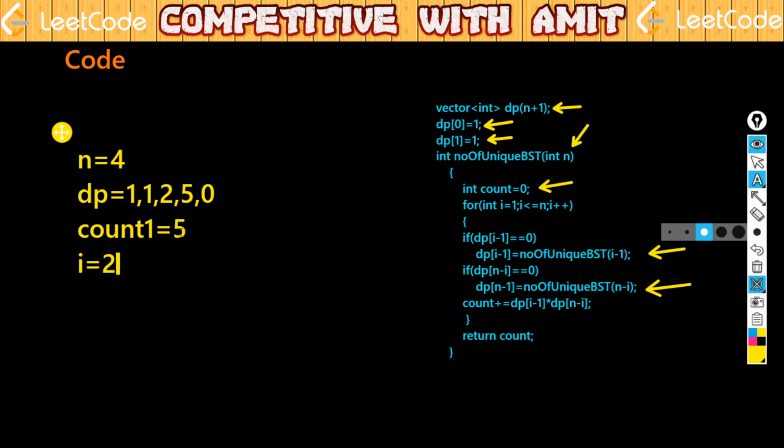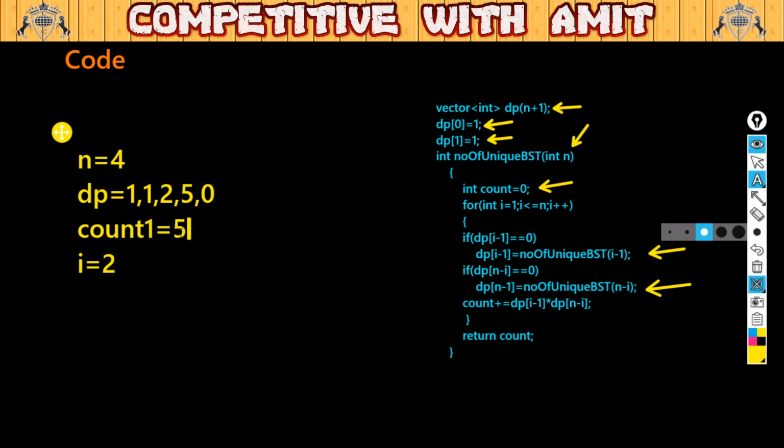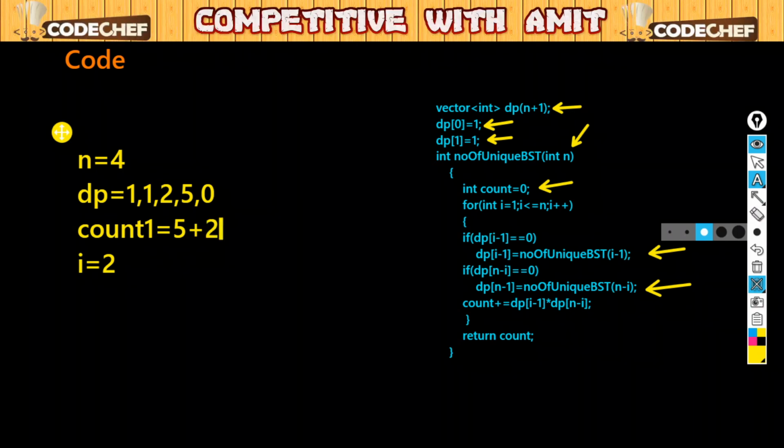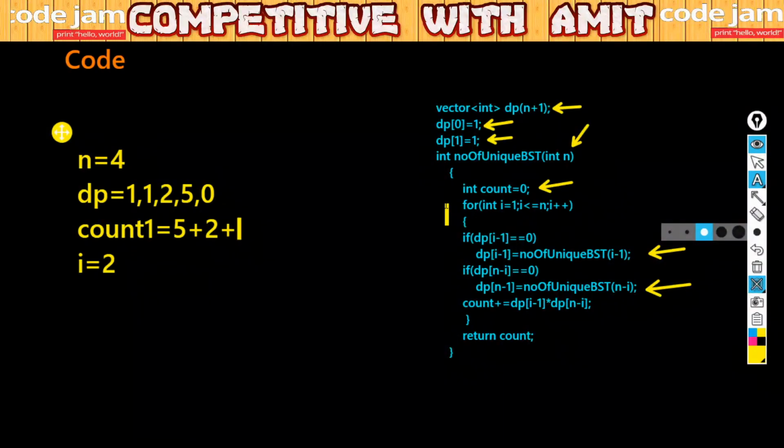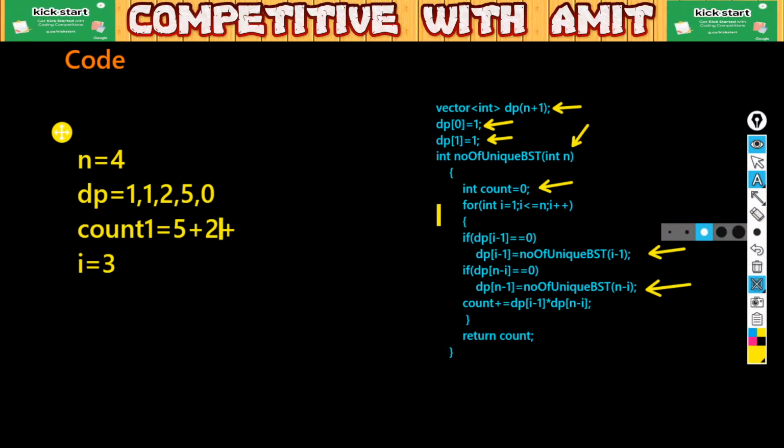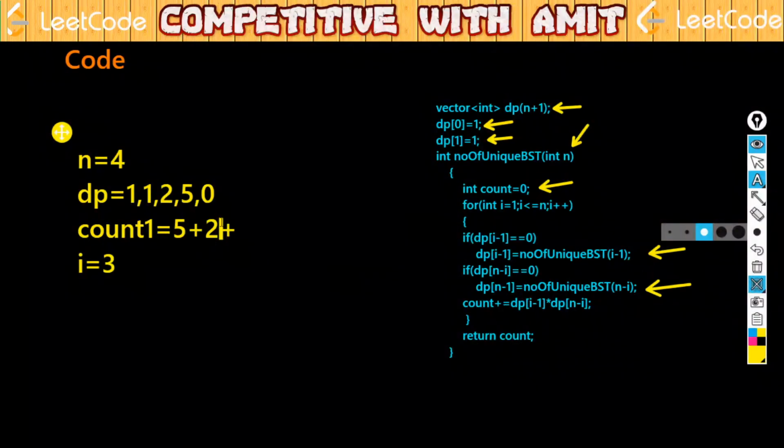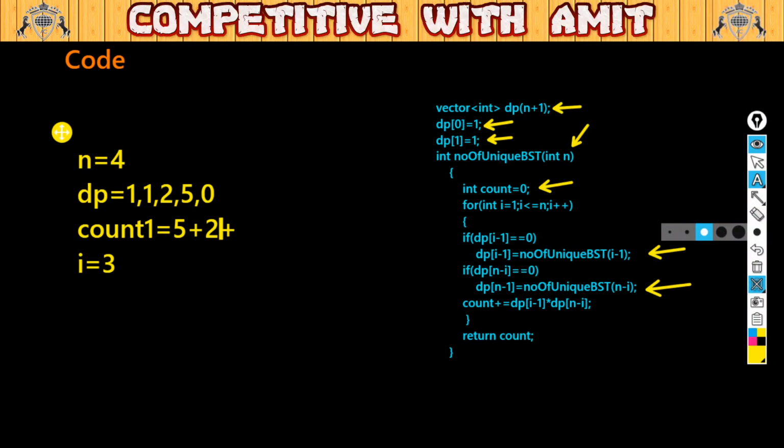Now again count will be incremented by 2 multiplied by 1, so it will be 2. After that this loop will run again, I will be equal to 3. For 3 again both conditions become false, so these two indexes will be multiplied. So 2 multiplied by 1 equals 2.